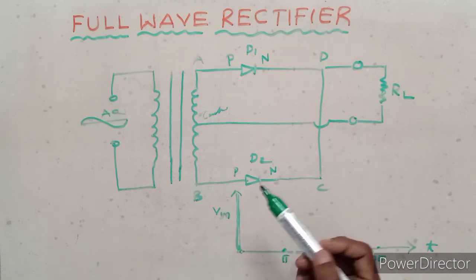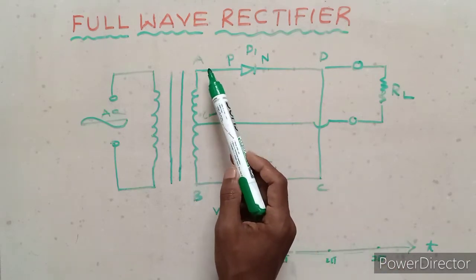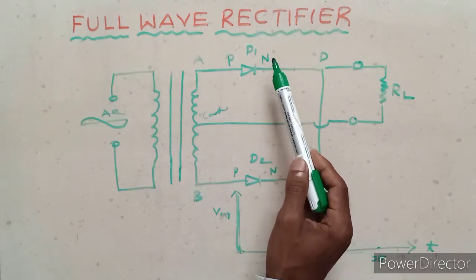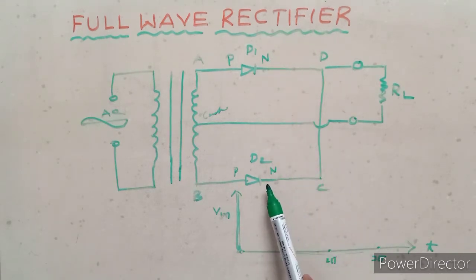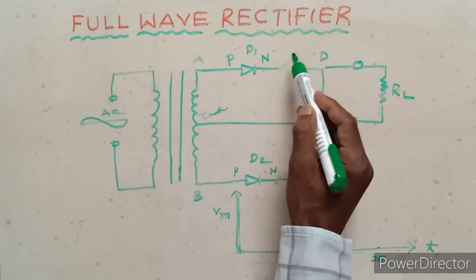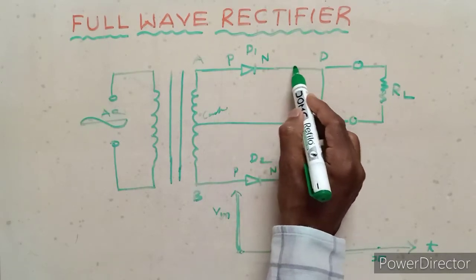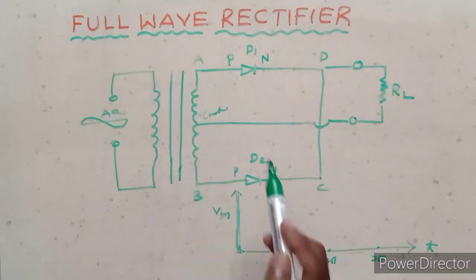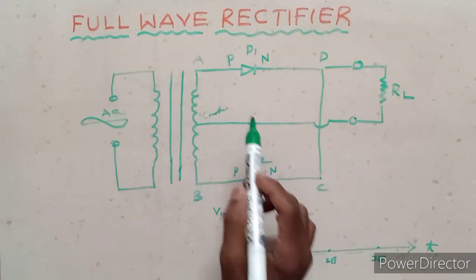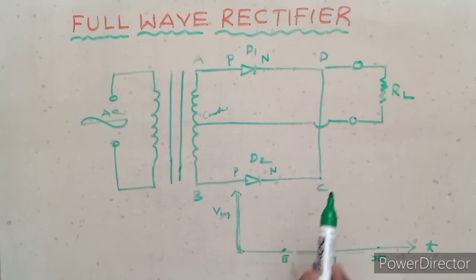And in case 2, during negative half cycle, at A there is negative potential and at C there is positive potential. So diode D1 is reverse biased, D2 is forward biased, and D2 is the closed switch, D1 is the open switch. Here two cases. First one: here positive potential, here negative potential, so this is forward biased, this is reverse biased.